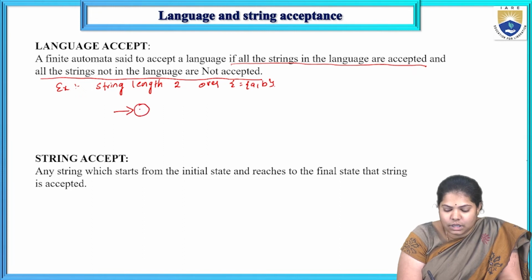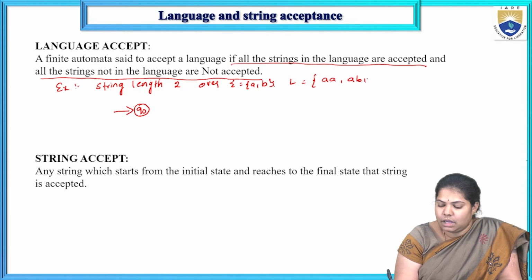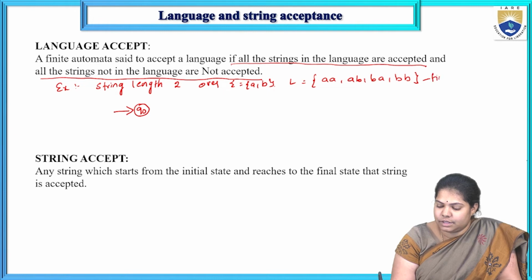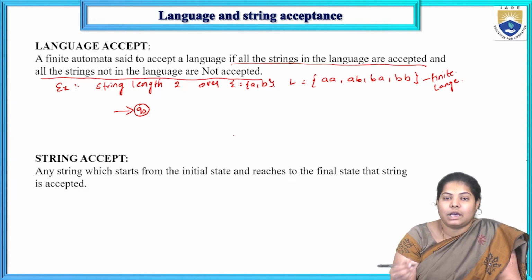First of all, write down the language. Strings of length 2 means it only accepts aa, ab, ba and bb. So this is a finite language. What is the meaning of finite language? The language which is countable.